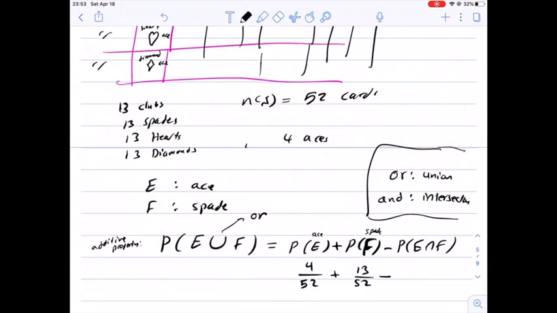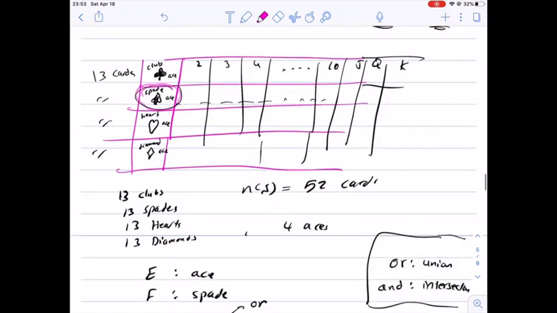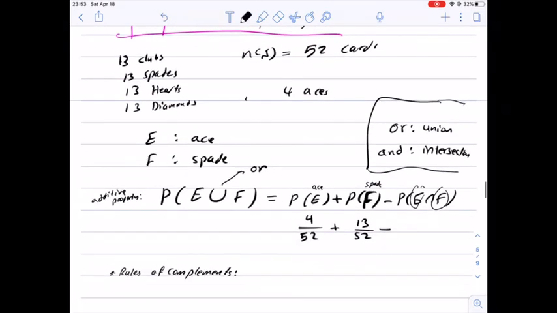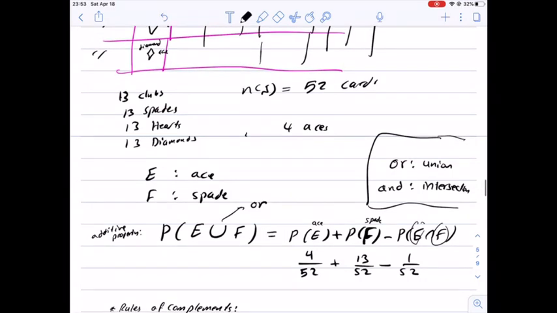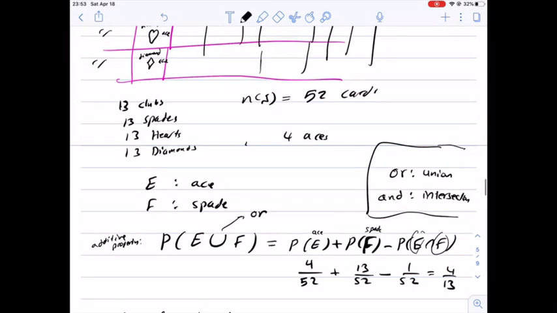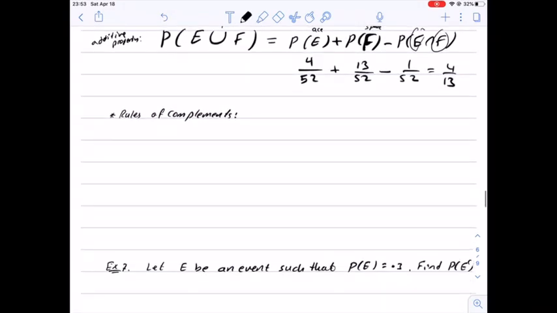So this is 13 out of 52 cards, minus probability of getting ace and spade. We only have one, that is ace and spade. This one is just 1 out of 52, and when we simplify we get 4 over 13. This is the probability, and as you can see this is less than 1 because the numerator is less than the denominator.